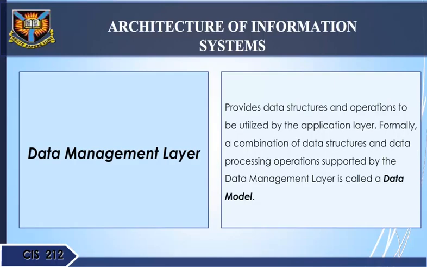Data management layer provides data structures and operations to be utilized by the application layer. Formally, a combination of data structures and data processing operations supported by the data management layer is called a data model.